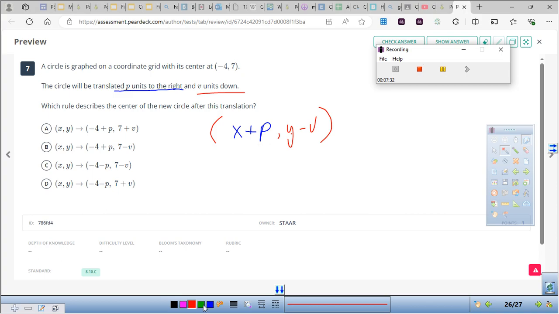So look for the x plus p and y minus v. And I believe that's the answer. Yep. Okay.